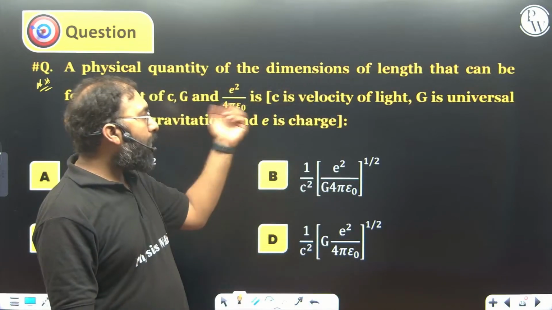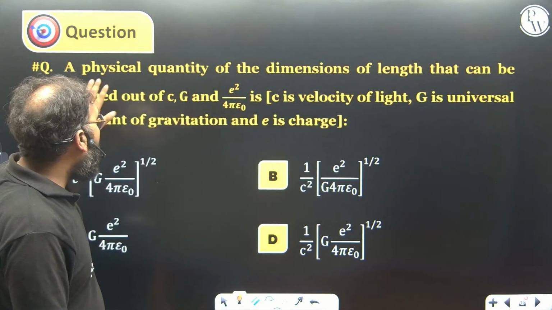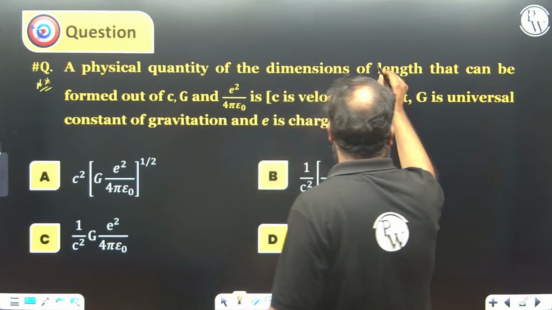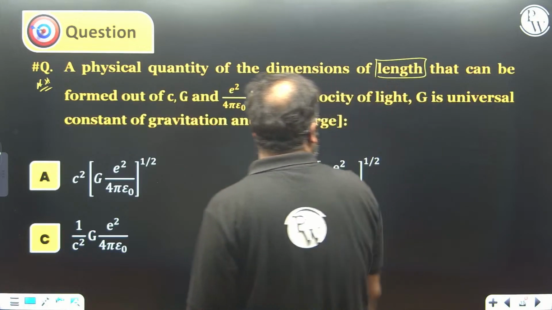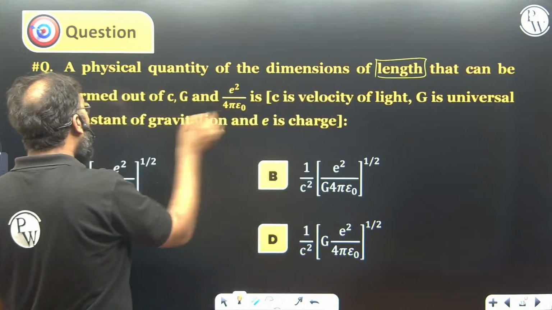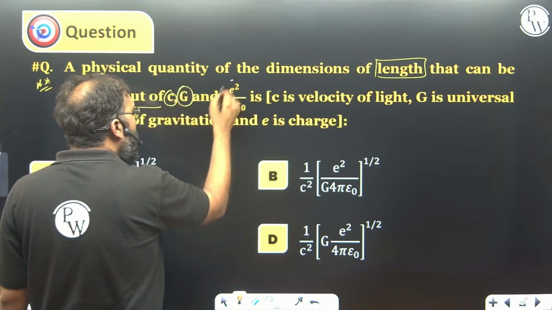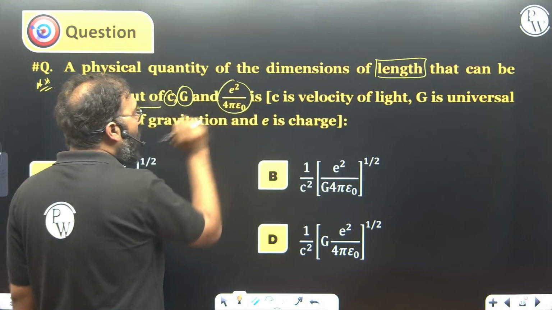But in this question they have given that a physical quantity is having the dimension of length, but that has been formed out of C, G and this quantity. So these are 3 different quantities.